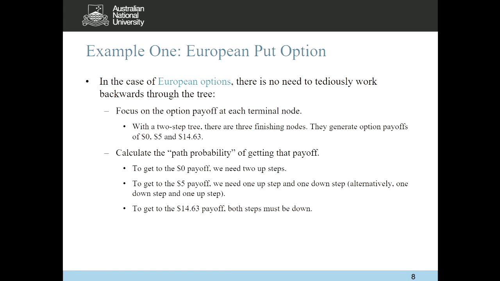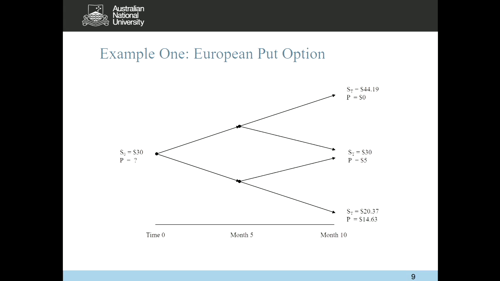So we can work out an expected payoff at the terminal point, then discount all the way back 10 months. We're not going to discount back 5 months at each branch. No need. We simply discount all the way back 10 months. So that is with a European option. With the American put option, you cannot do that.